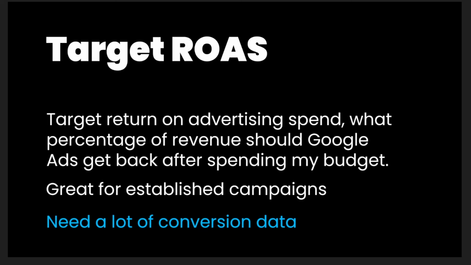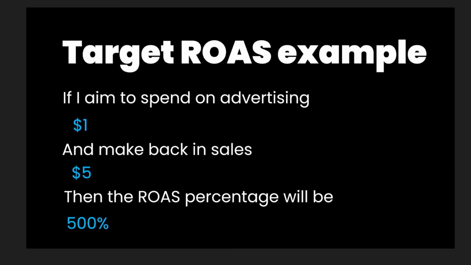So let me give you an example of how you would calculate your target return on ad spend. If I aim to spend $1 and I aim to make back $5 in sales, then my ROAS percentage will be 500%. So I would put that as a target, and I'd tell Google Ads, try to achieve that target for me.